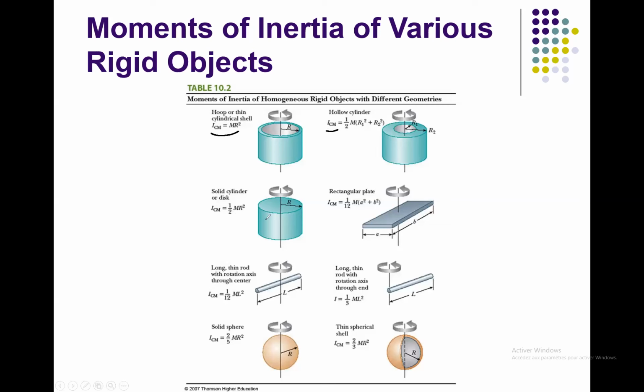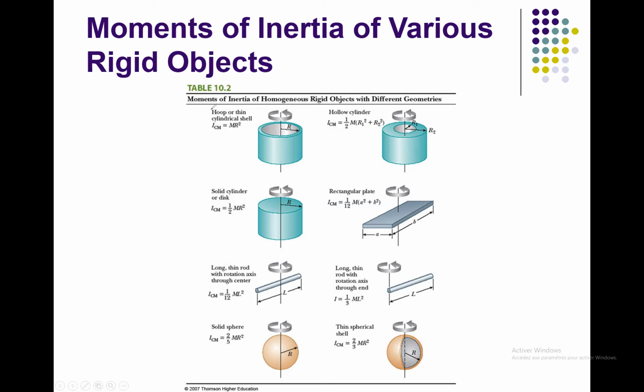In the case of a solid cylinder or disk, I give you I_cm. In the case of a rectangular plate, I give you I_cm. In the case of a long, thin rod, also I give you I_cm. For the sphere, for the thin spherical shell, and so on.